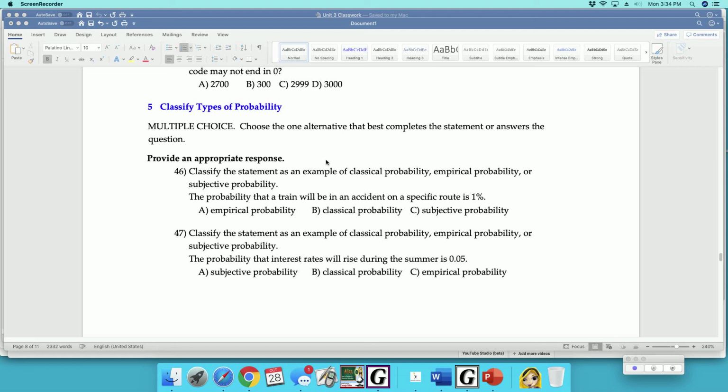So this is probably subjective, because doing an experiment to see how many times trains have an accident is way too costly. But it could be empirical if they've kept data on this particular track for years and years. They could see how many times it's been used, how many times there was an accident. But I have a feeling that it's subjective.